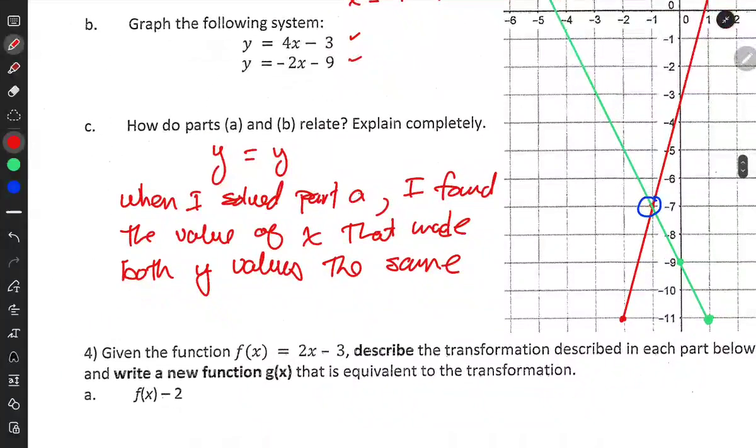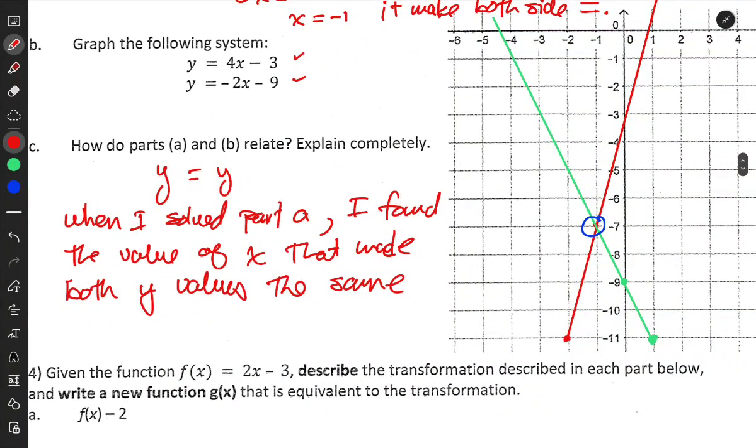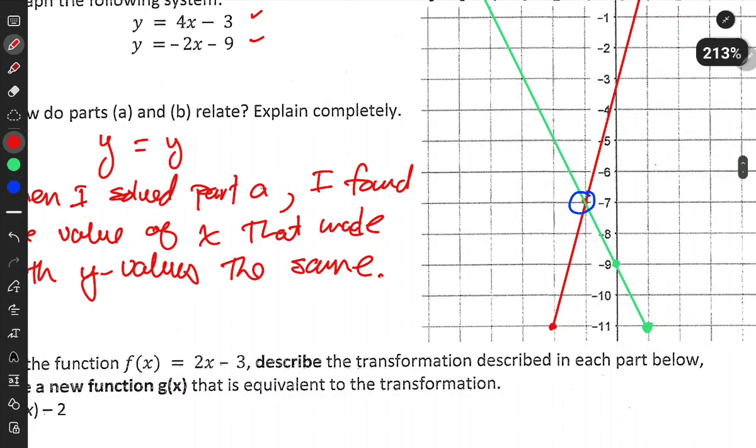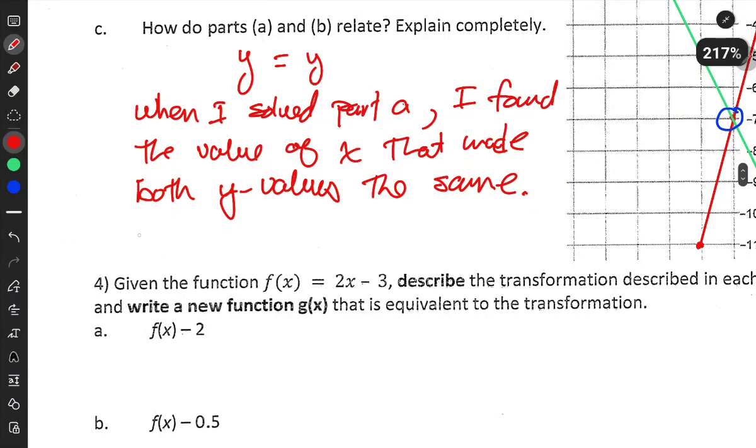And I can see the benefit of that now because that's actually the y value for the point. So when I solved part A, I found the value of x that made both y values the same, which is negative 7, right? That's totally what that is.